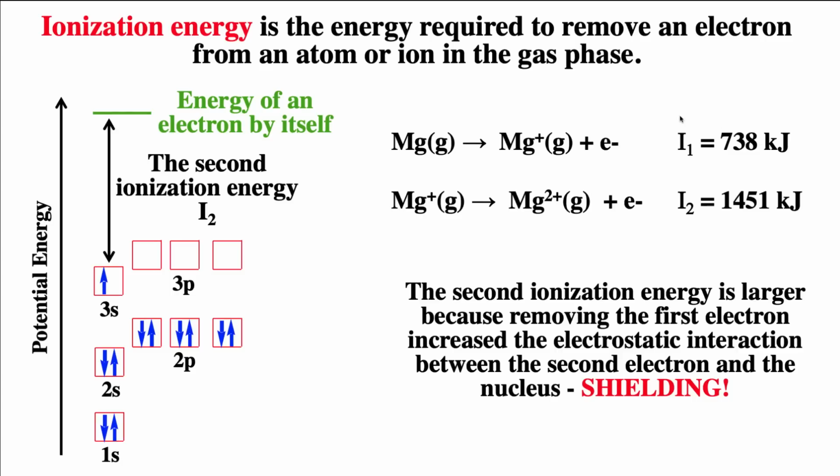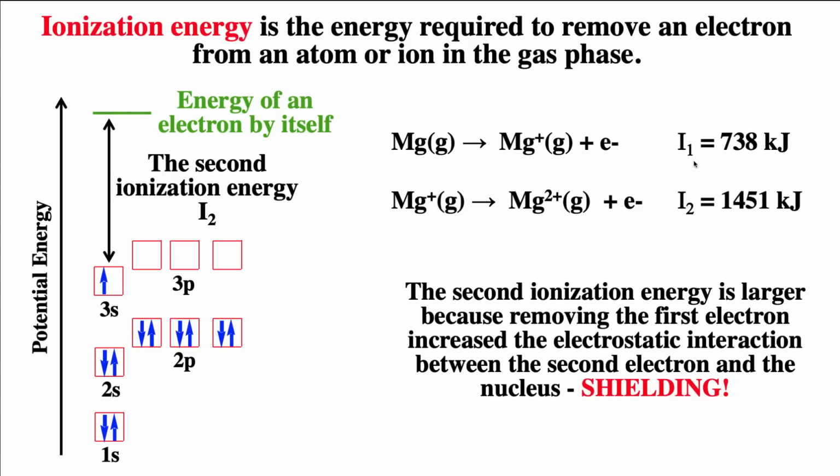Now, once you remove the first one, you're left with magnesium plus ion. Now to remove that second one is going to take a little bit more energy. And so you've reduced the amount of electrons going from magnesium plus. So you've also reduced the amount of shielding. And so that's why I2 should be greater than I1.